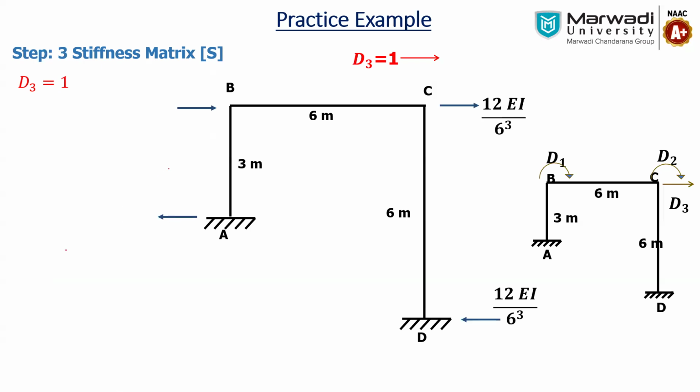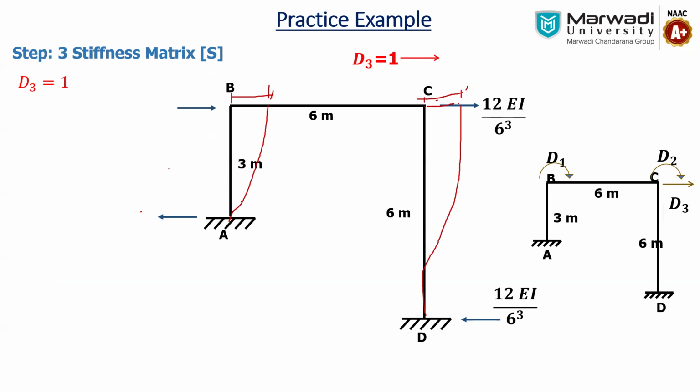So if we are considering over here, the frame is going to deflect something like this, and both sides have the same amount of deflection. We apply the unit displacement of 1 mm.